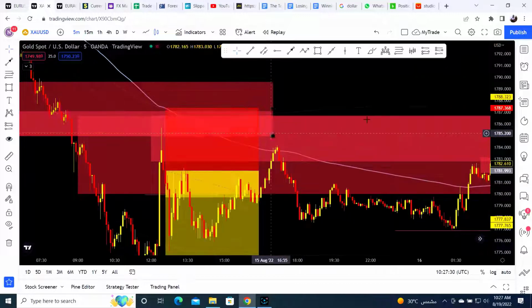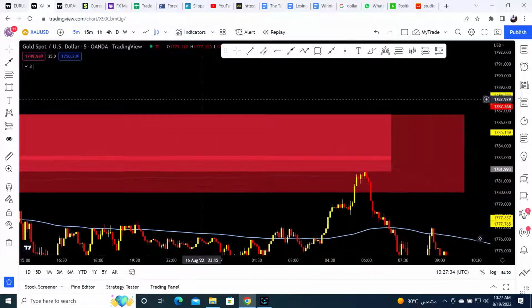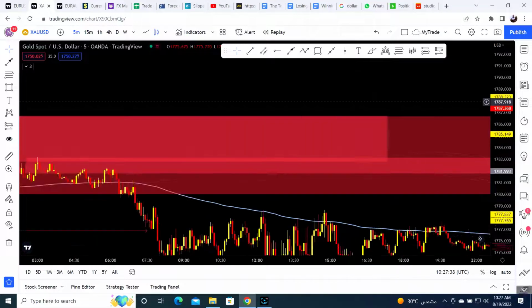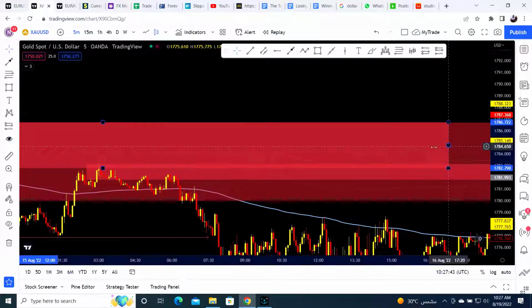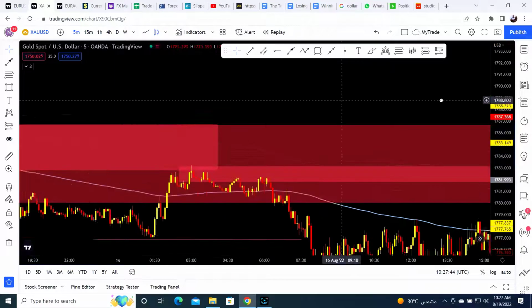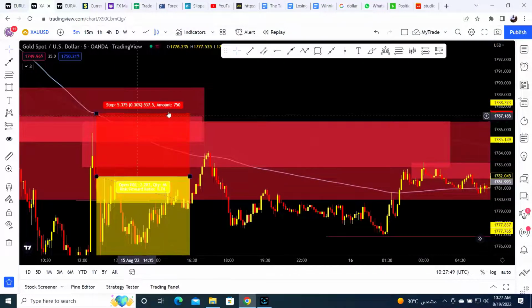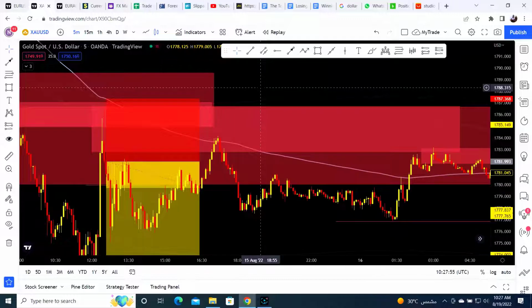This was the second one. So we can see that price came back to entry, but our stop loss was at a safer place. So no cause for alarm.